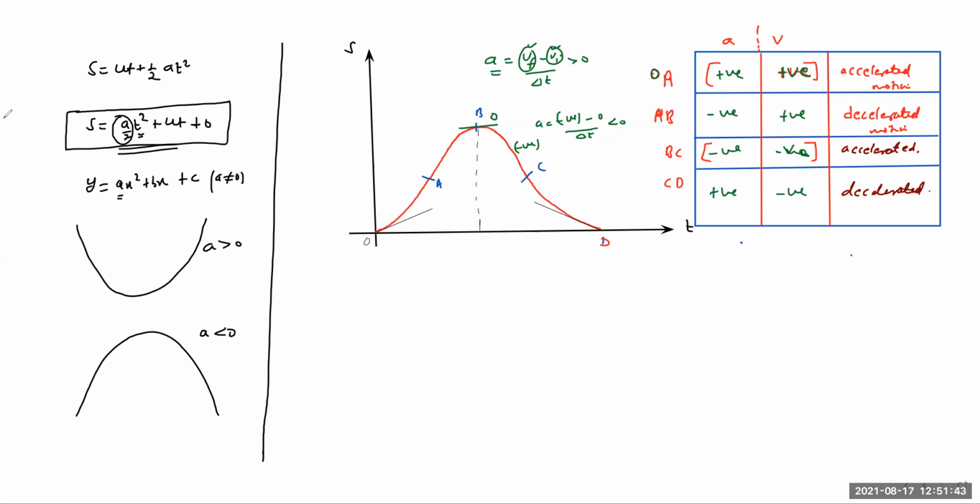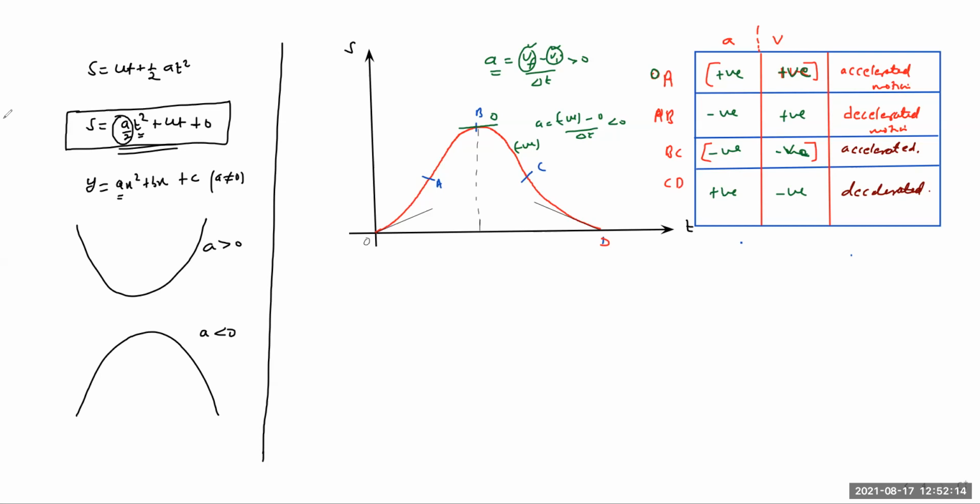All are equivalent statements: same direction, same sign. And whenever this happens, the speed will increase, so we say accelerated motion. If the directions are opposite, if A is negative and V is positive, it is decelerated motion, and vice versa. If A is positive and V is negative, it is again decelerated motion.